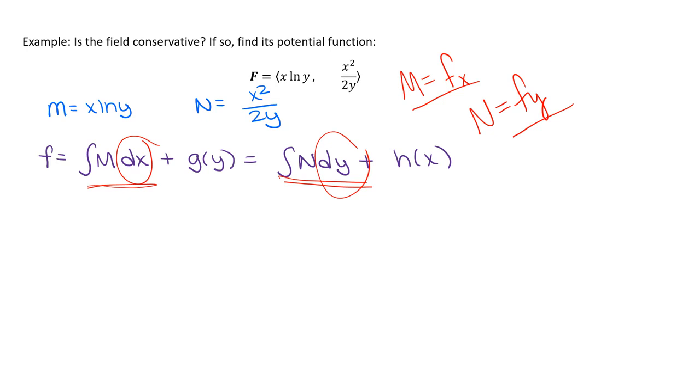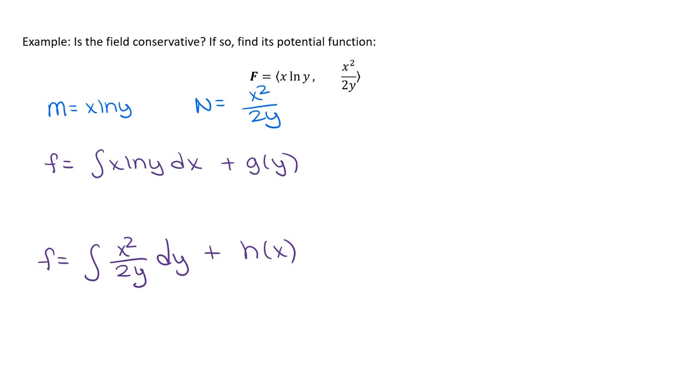That'll give me the pieces of that potential function. Let me actually just do an example. I think it's going to be easier for me to explain when I actually do the example.